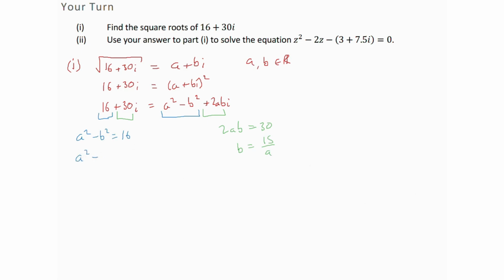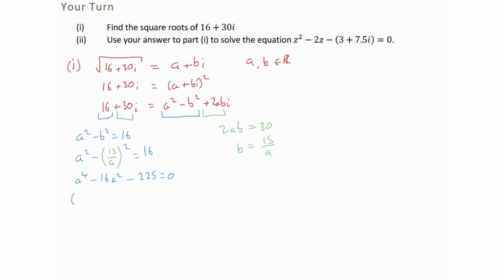So a squared minus 15 over a all squared is equal to 16, which gives us a to the 4 minus 16a squared minus 225 is equal to 0, first of all expanding this and then rearranging.